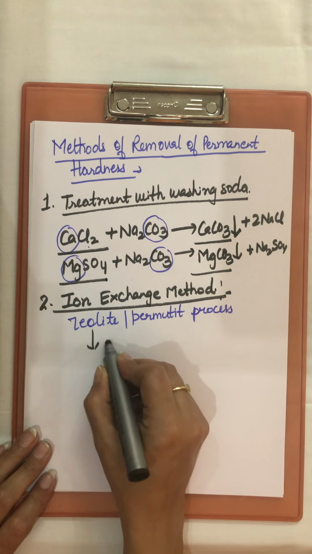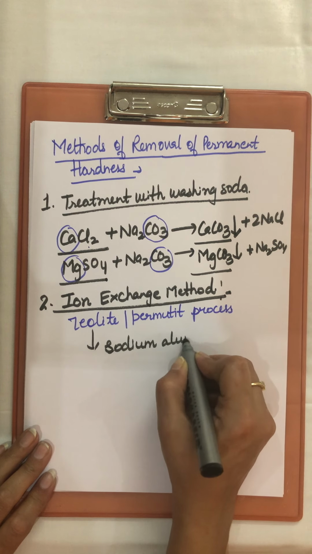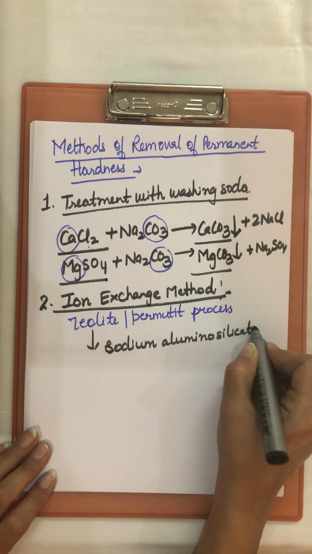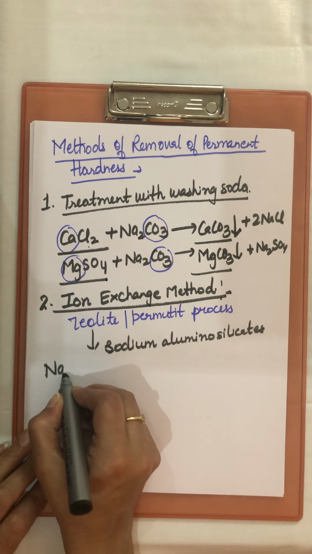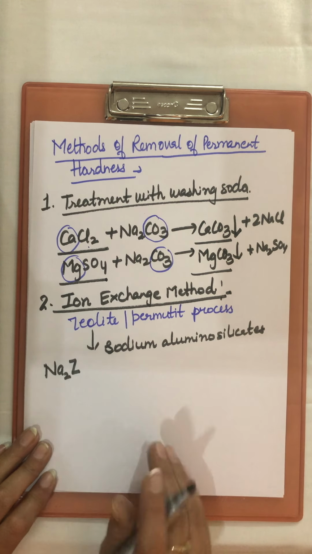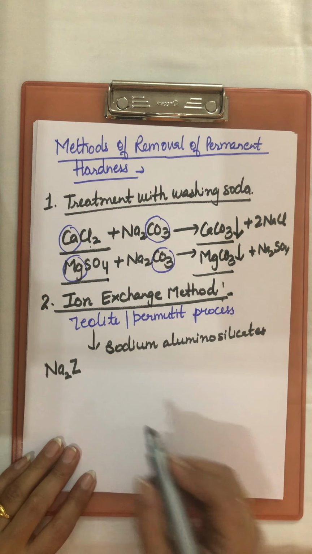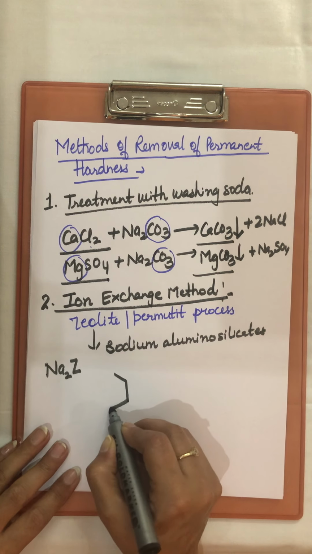These are sodium alumino silicates, and in journals we can write the formula Na2Z to represent a zeolite or permutit. So how is this used? For this method we take a big tank.